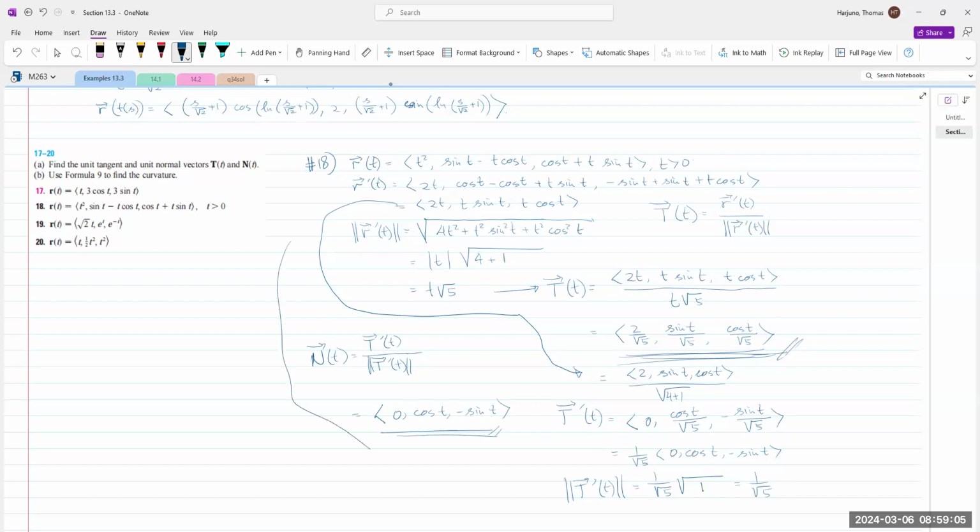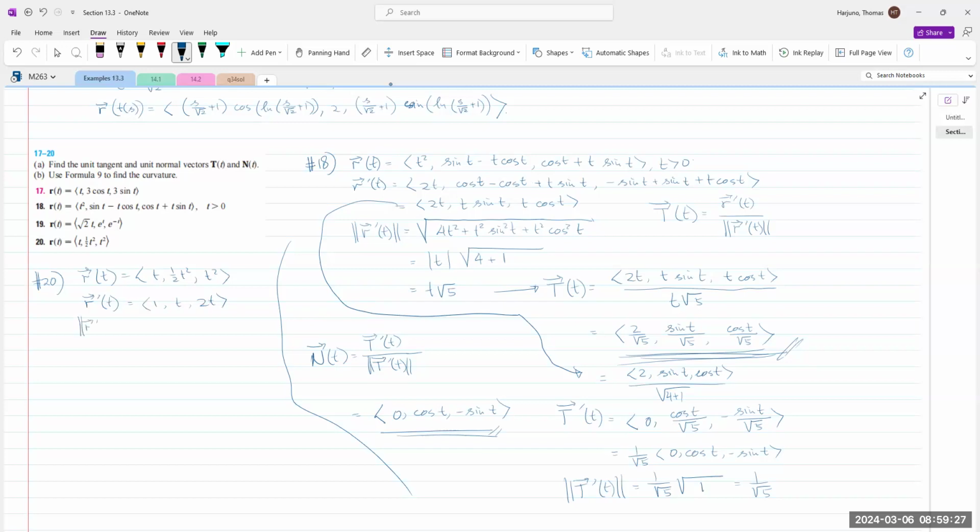Number 20. r(t) equals (t, 1/2 t squared, t squared). The derivative is (1, t, 2t). No common factor. Dang it.